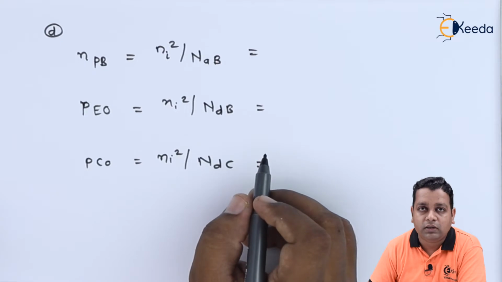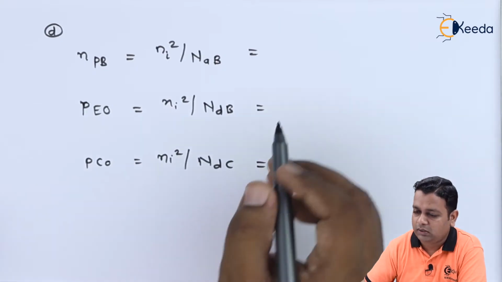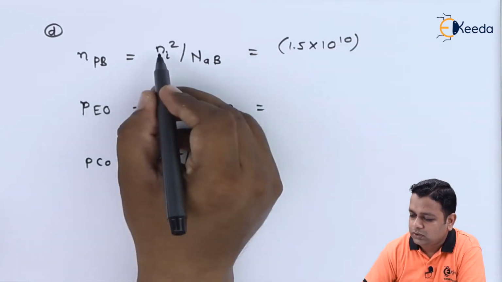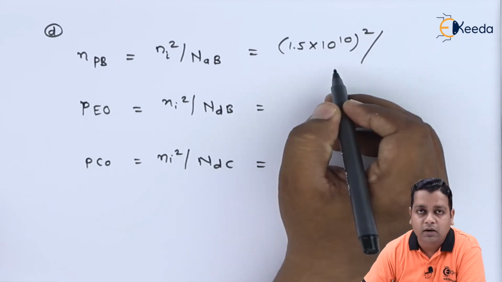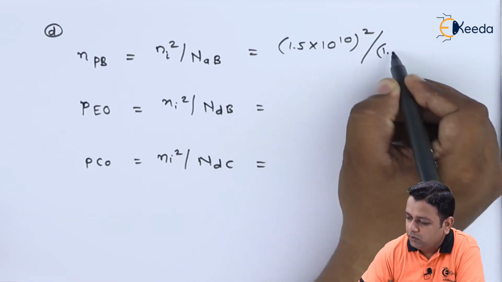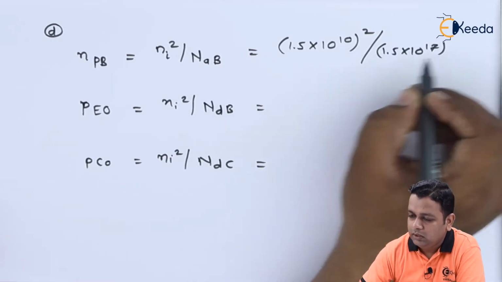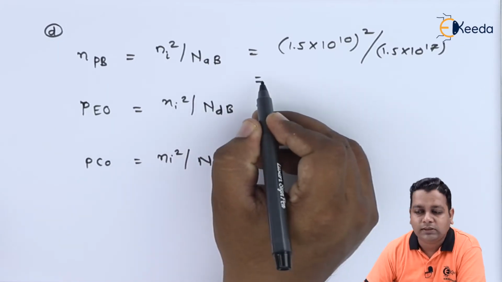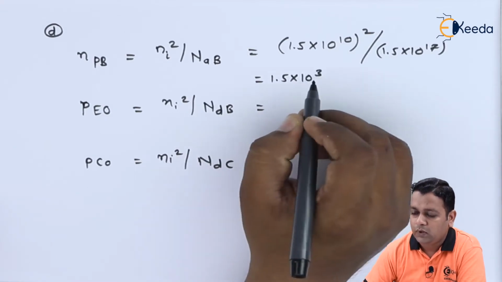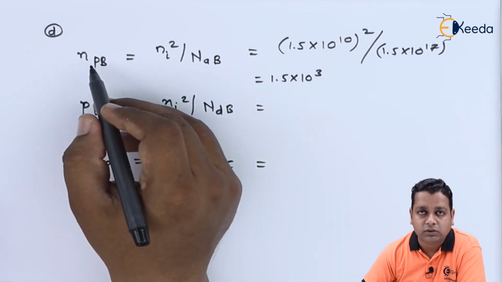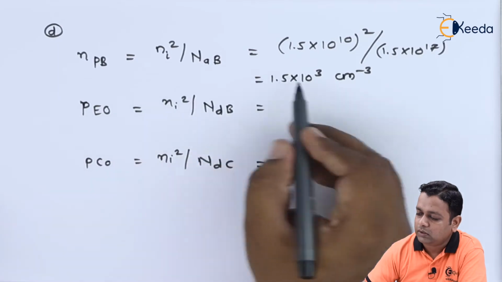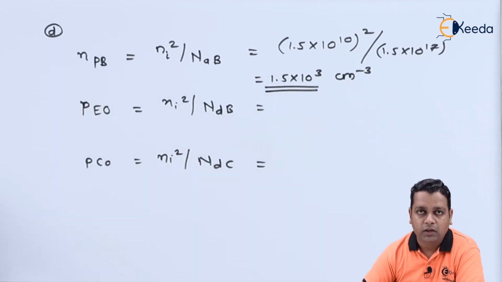In the numerator, the intrinsic concentration for silicon is 1.5 into 10 raised to the power 10, which is squared, and divided by the impurity concentration, 1.5 into 10 raised to the power 17 in the first case, giving the answer 1.5 into 10 raised to the power 3. This is the concentration per centimeter cube. So this is the first sub-answer for part D.